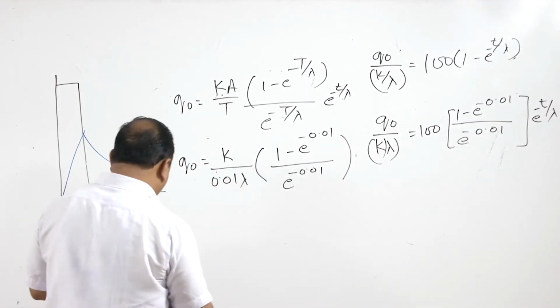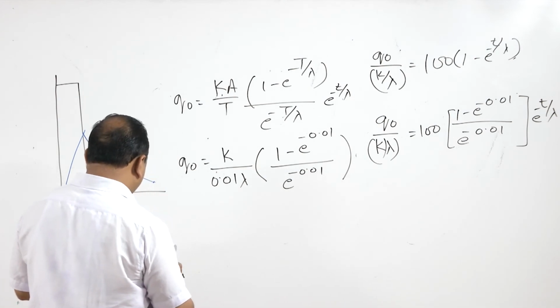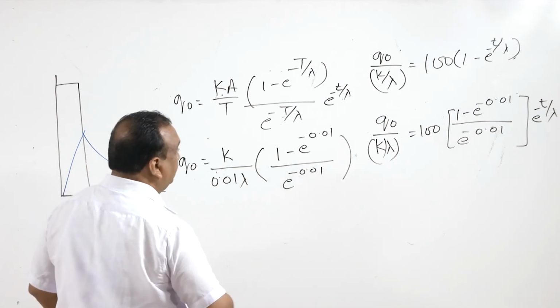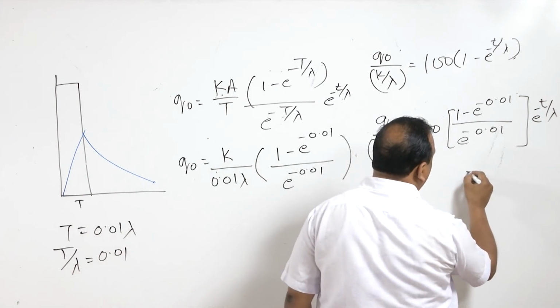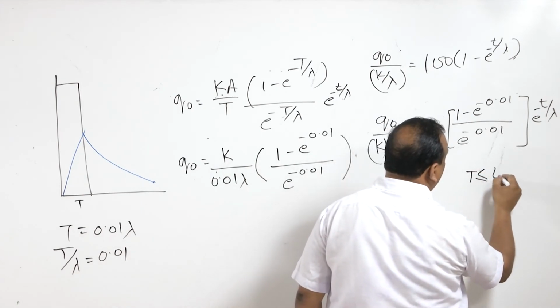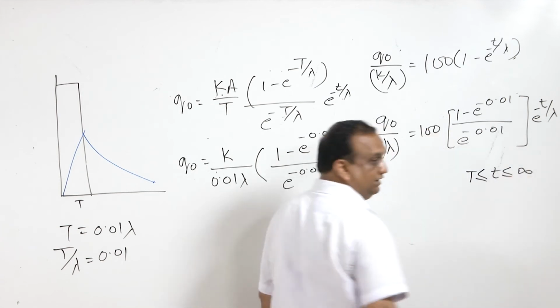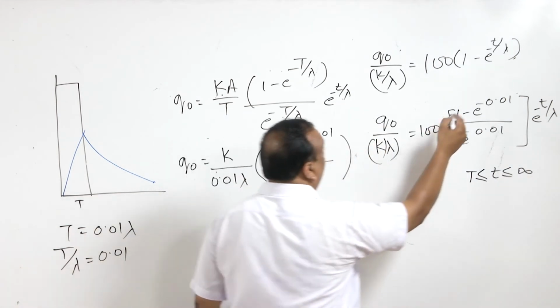K has come here and K by lambda has come here. So this is valid for t less than or equal to T, and this is valid for t greater than T.